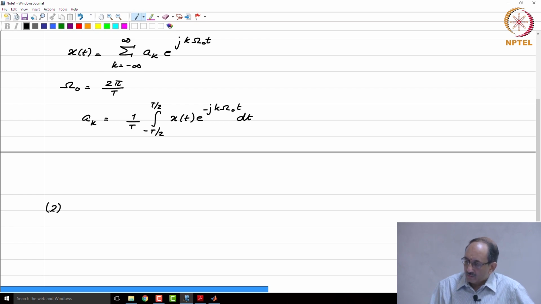The second Fourier representation that you had seen was the continuous time Fourier transform.